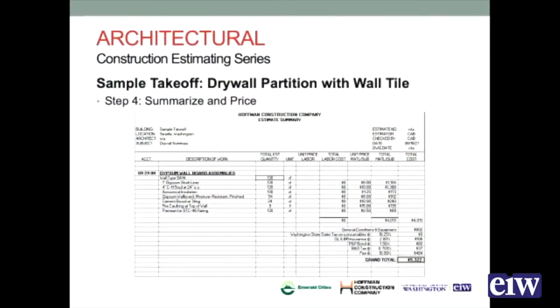And so in essence, you would have an unfinished drywall wall that would have tile applied to the exterior. So you price those things out, and I'm pricing them out as if I'm subcontracting the work. Add on some markups for your general conditions, your taxes, insurance, fee, and we've got just a little over $5,300 for this wall.